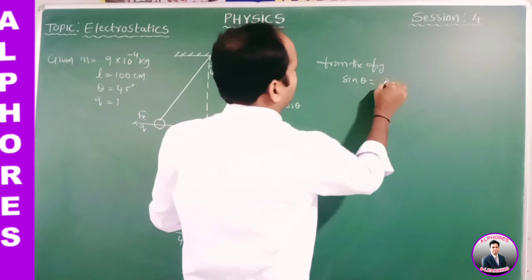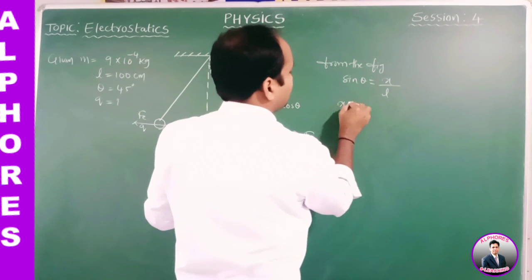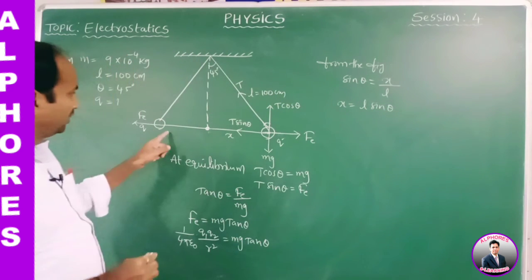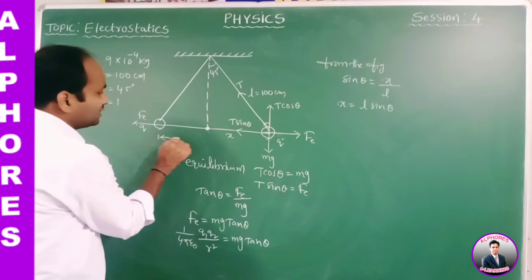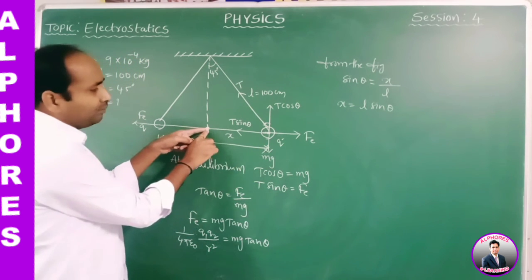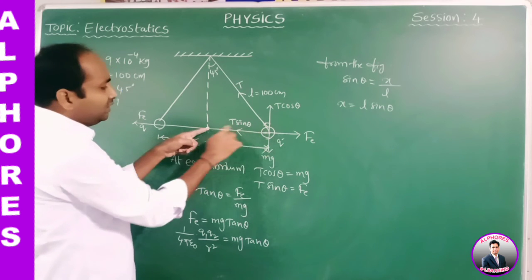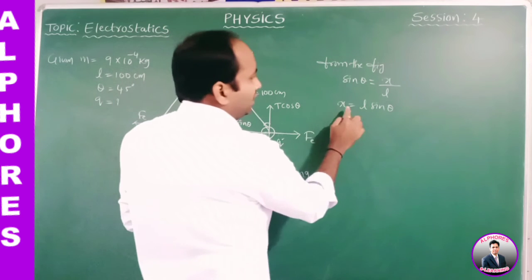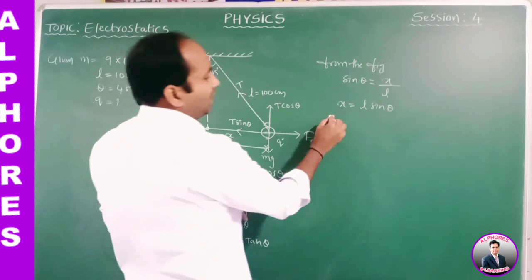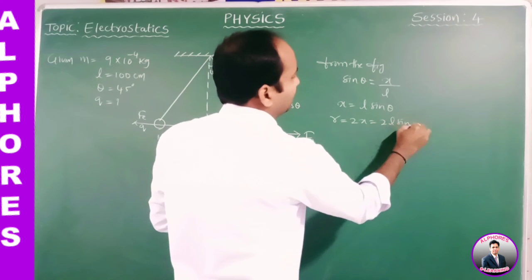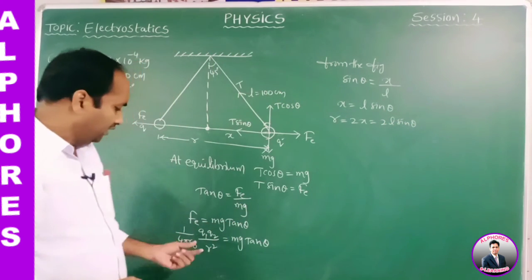Sin theta is equal to x by L, so x is equal to L sin theta. Here r is the distance between the two spheres, and x is the midpoint of the line joining the two spheres to either sphere. So x is equal to L sin theta, and r is equal to 2x, which can be written as 2L sin theta.